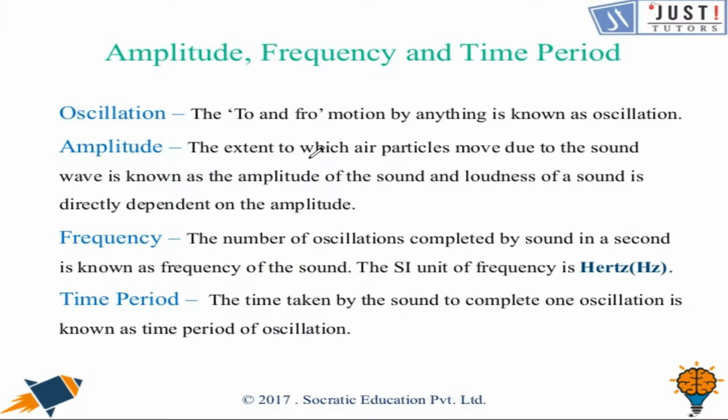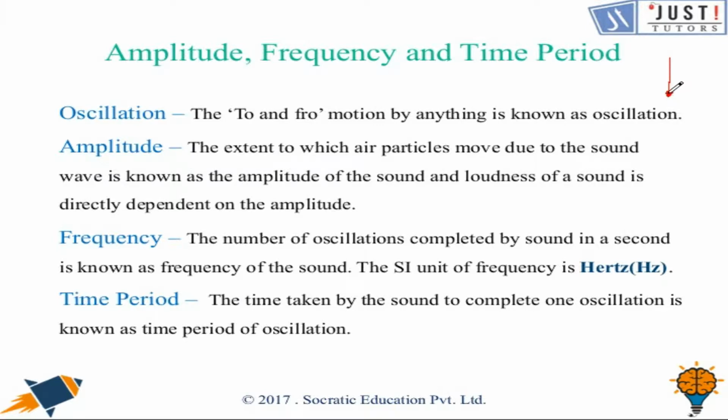Now, these are the basic terms which we need to learn while learning sound. The very first is oscillation. The to and fro motion by anything is known as oscillation. So let us discuss oscillation and what is to and fro motion. Let's say I have an object hanging by a thread, a spherical or something, any object.